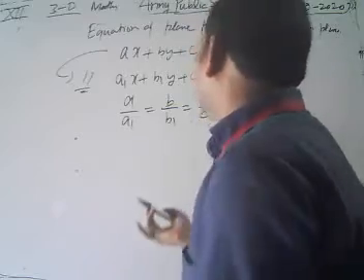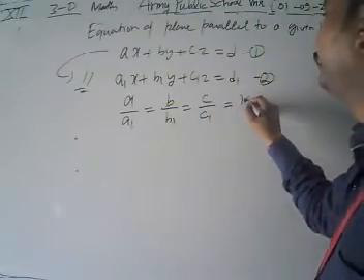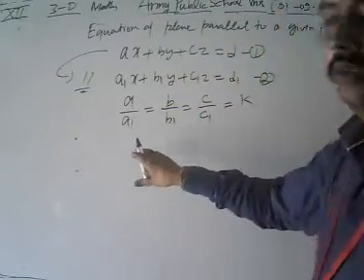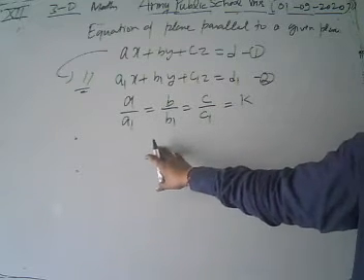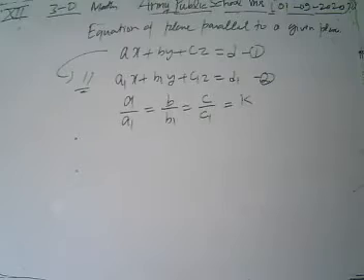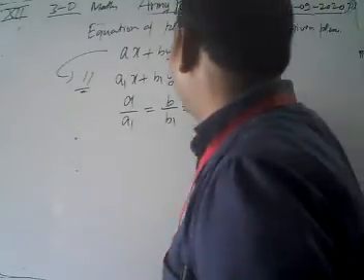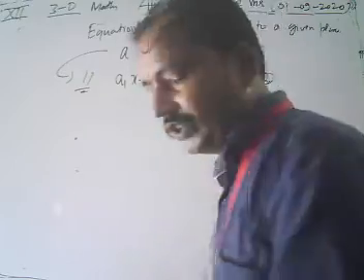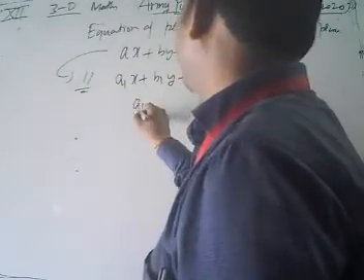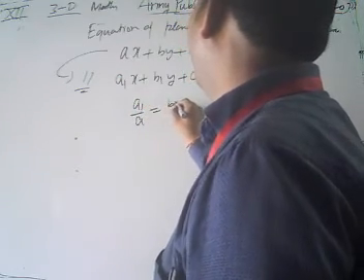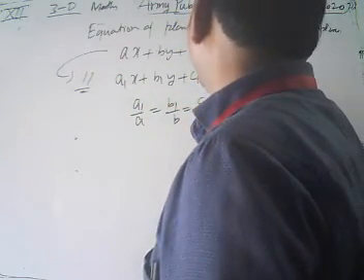So suppose we take some k there. Then we are going to find the values of a1, b1, c1. Suppose we take the ratios as a1 is to a equal to b1 is to b equal to c1 is to c.